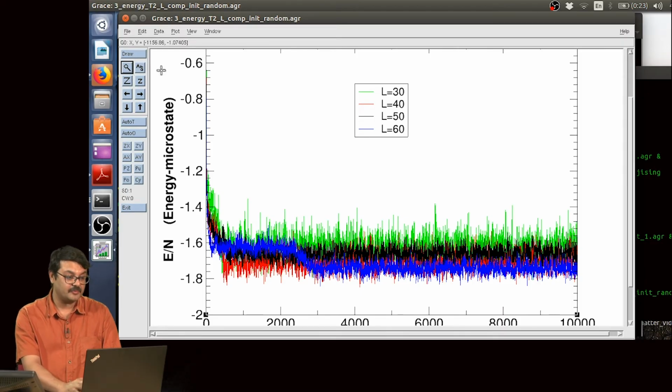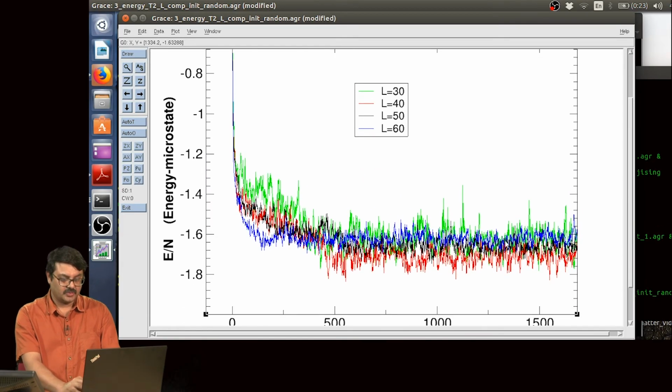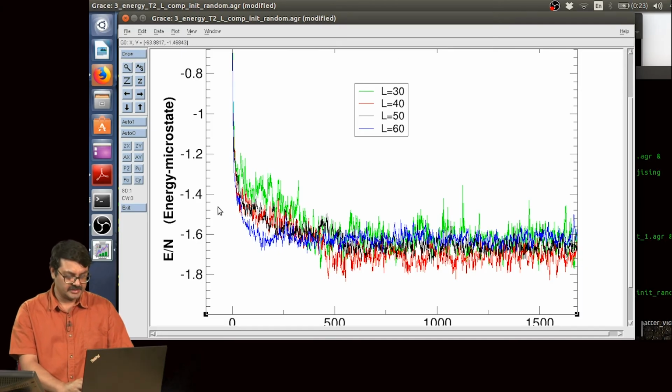Let us focus on this initial part in greater detail. You see that for L equal to 30, it takes around 500 iterations before it starts fluctuating about an average. For L equal to 40, it takes slightly more, definitely more than the green data, and so on for the black data, which is for L equal to 50.